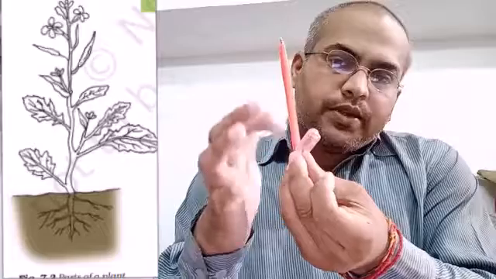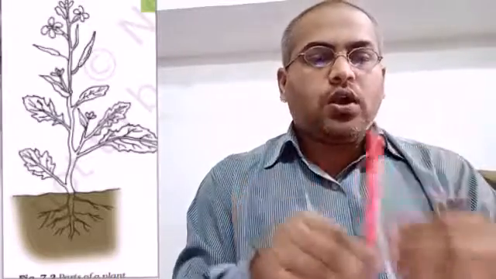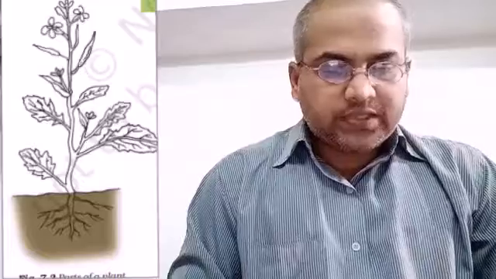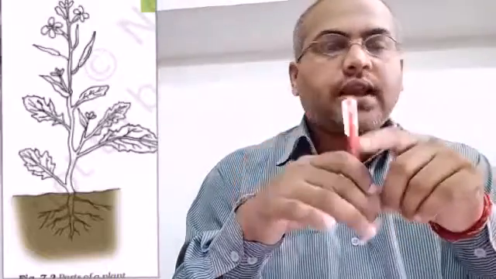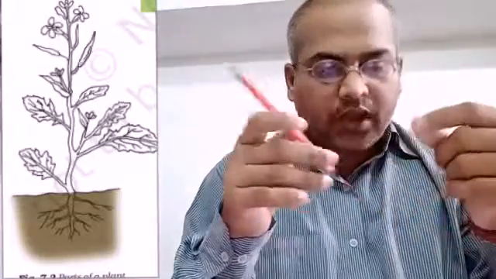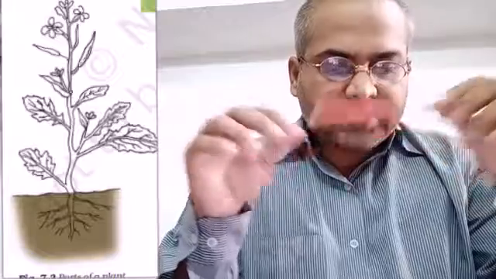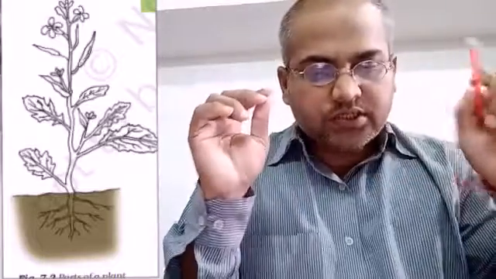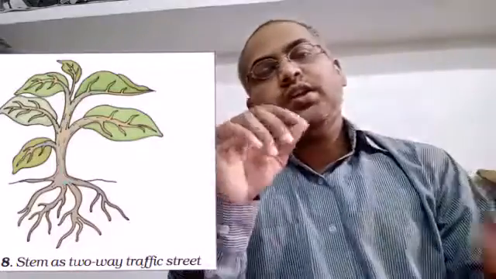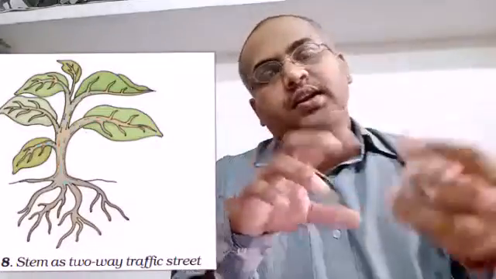The angle between these two is called axil, or the angle between the stalk and this new branch is called axil. If we observe this axil position, buds are coming out from there, and these buds are called axillary buds.